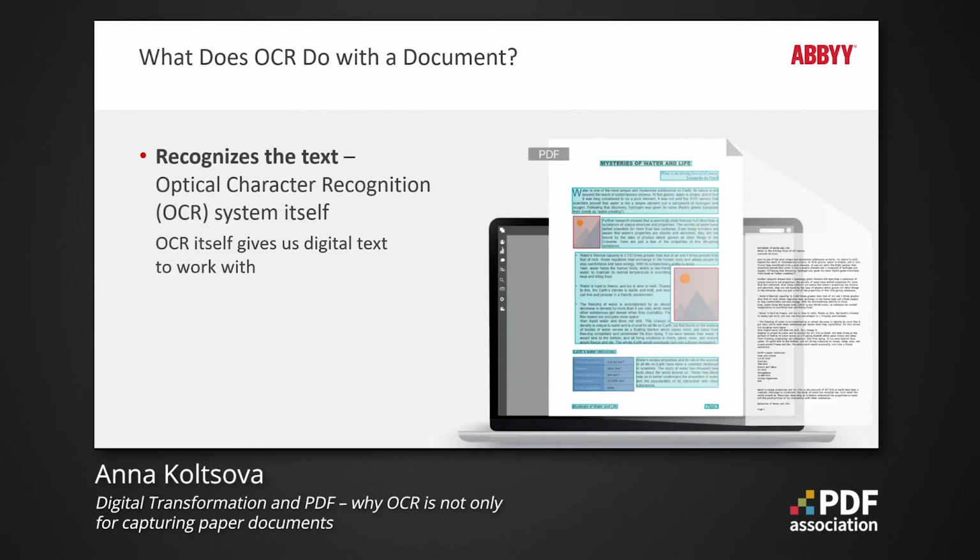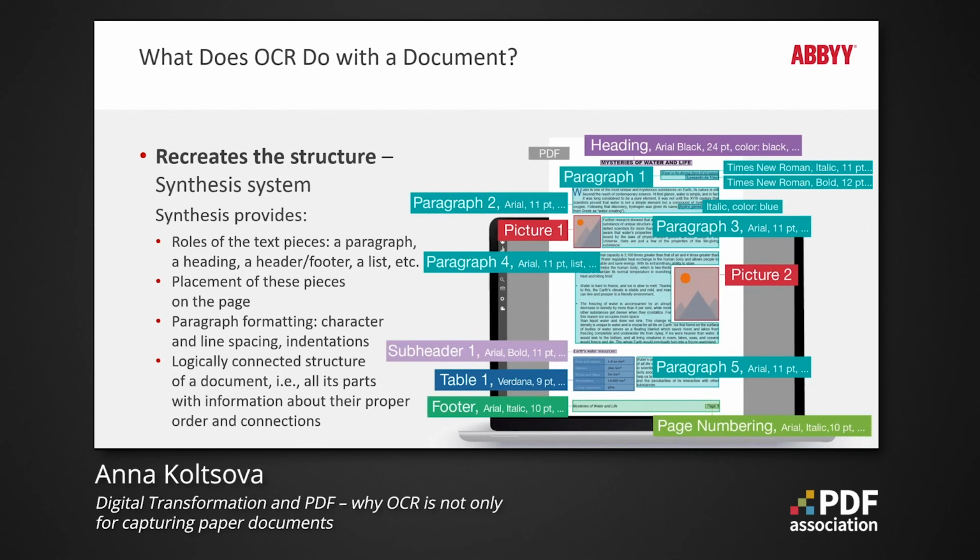The second step is to recognize each bit of text found by DA. This is done by the OCR, Optical Character Recognition system itself. OCR reads images of each character or character combination, giving us the digital text to work with further in the form of computer codes. On the third stage, the synthesis system comes into play.